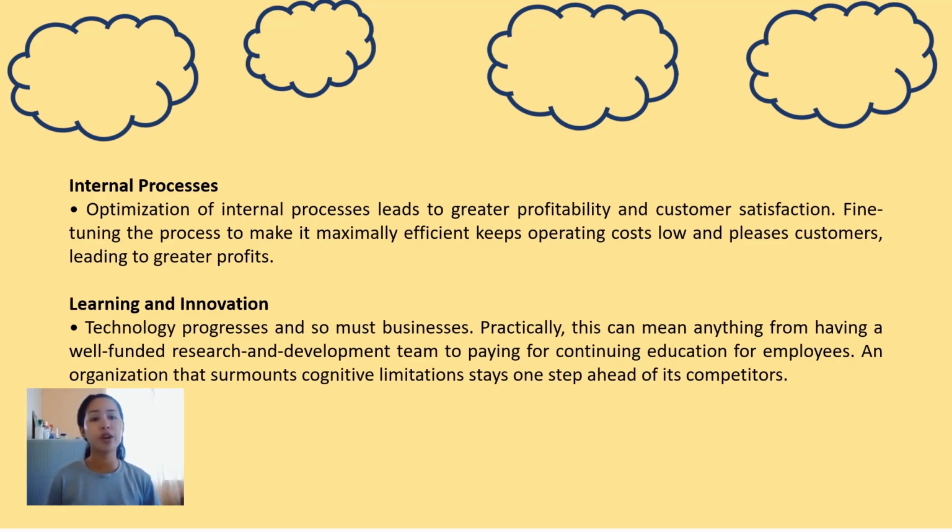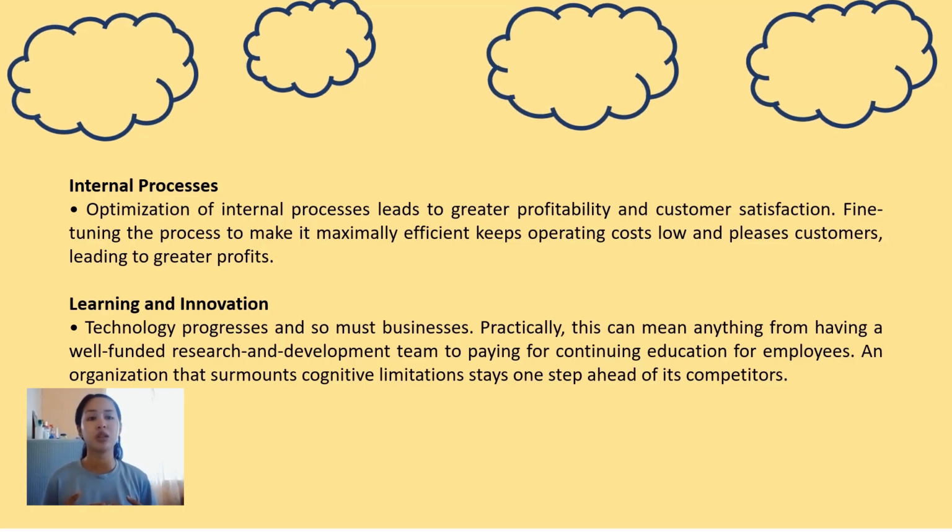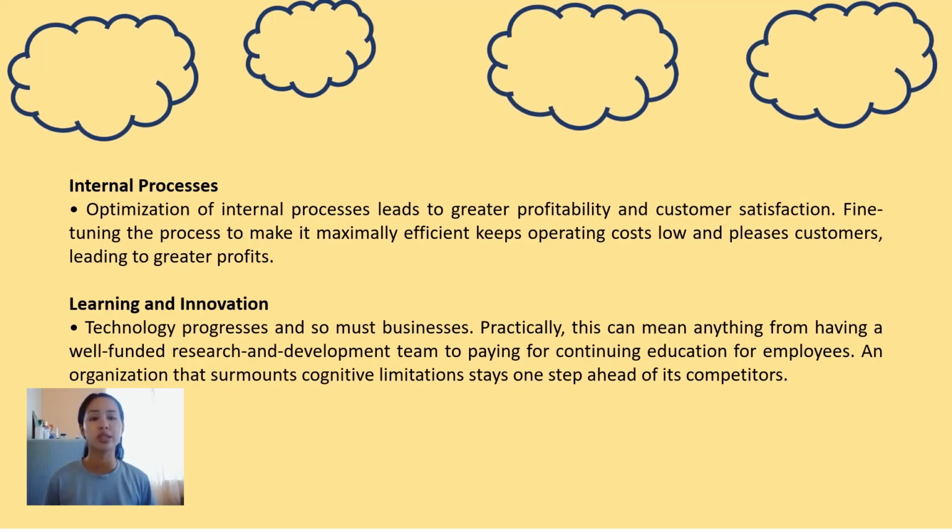The manager further expedites the order by ensuring the production department syncs with the shipping department to get the order to the customer quickly. Fine-tuning the process to make it maximally efficient keeps operating costs low and pleases customers, leading to greater profits.